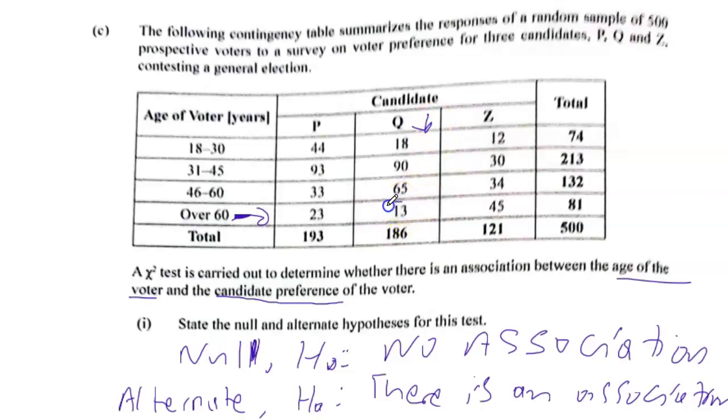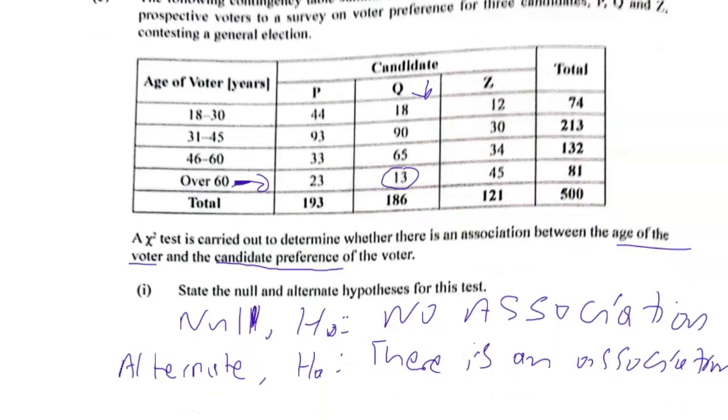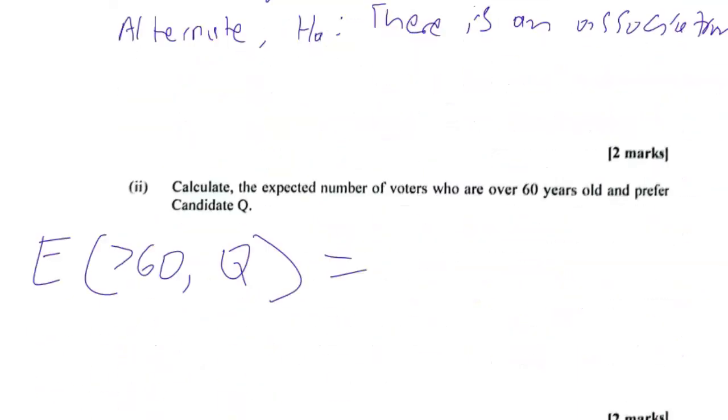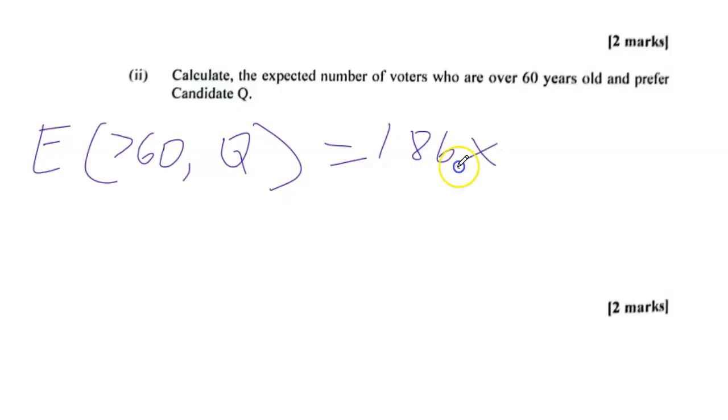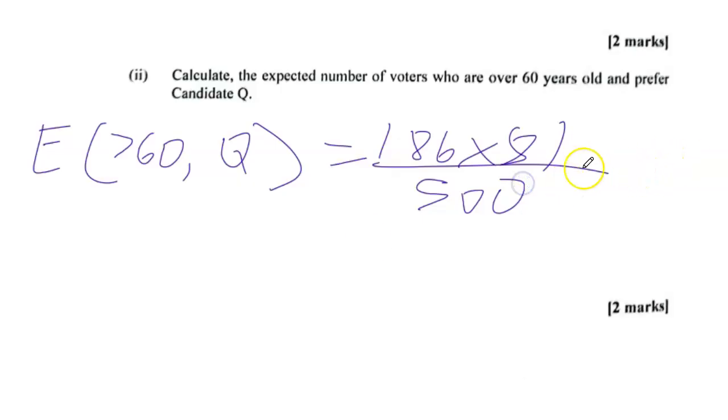For the column for candidate Q, the total is 186. And for the over 60, the total is 81. So we multiply the totals, 186 times 81, divided by the grand total of 500, and that would give us 30.132.